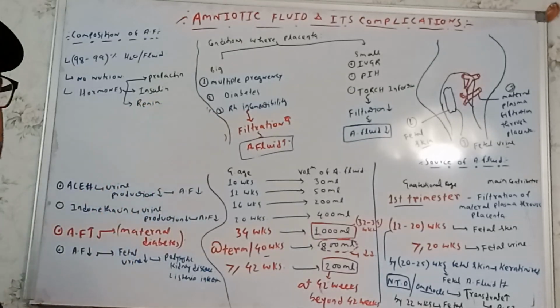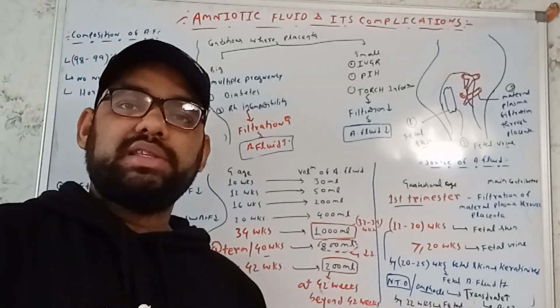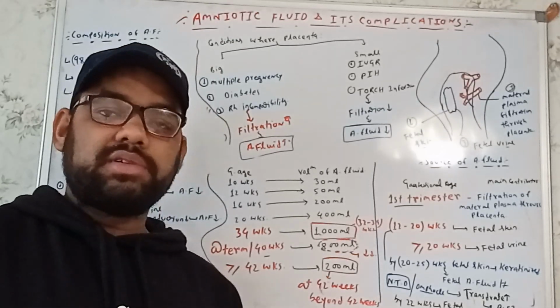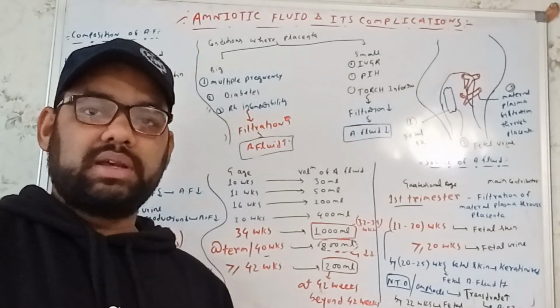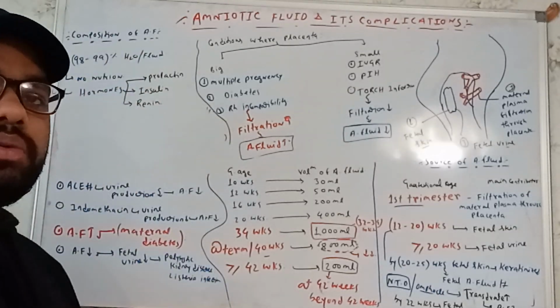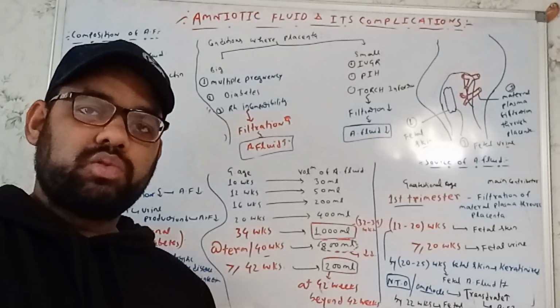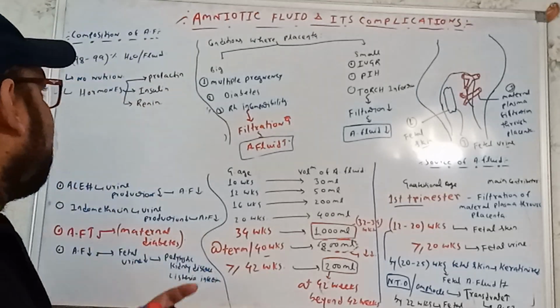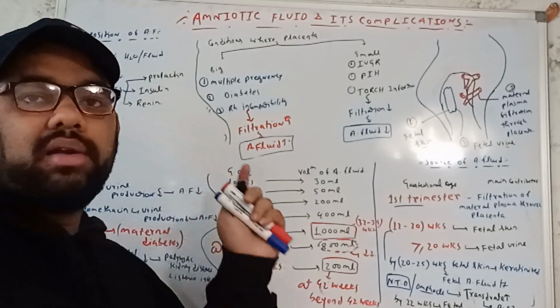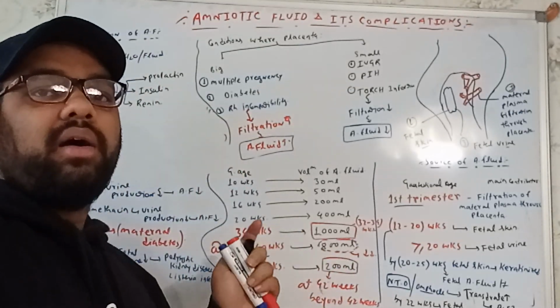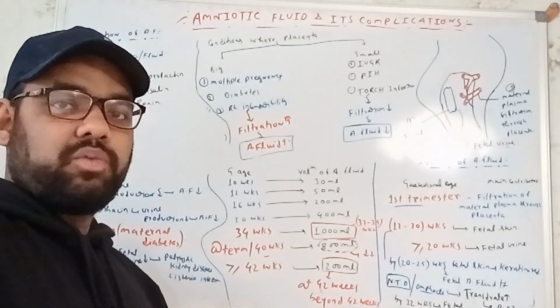As far as the composition of the amniotic fluid is concerned, we'll see 98 to 99% water or fluid, whatever you want to call it, and there is no nutritional association. We'll see the presence of three kinds of hormones: prolactin, insulin, and renin. This is a very important question as far as the composition of amniotic fluid is concerned. Okay, so keep watching.